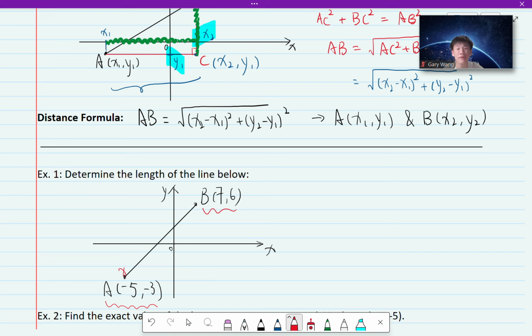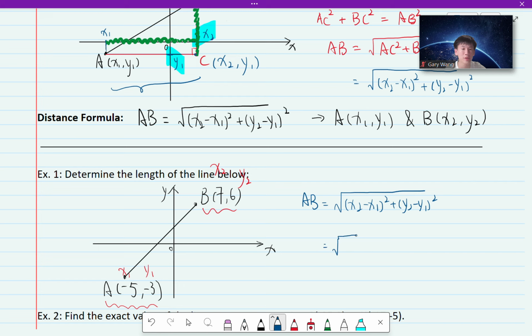So -5 is x1, -3 is y1, 7 is x2, and 6 is y2. So applying our distance formula, AB should be equal to the square root of x2 minus x1 squared plus y2 minus y1 squared.